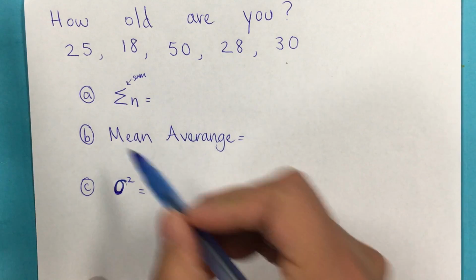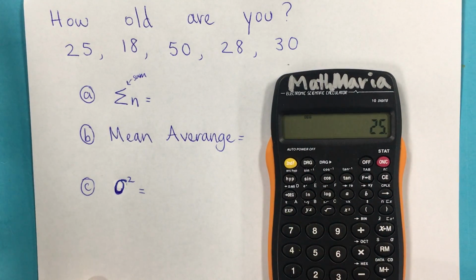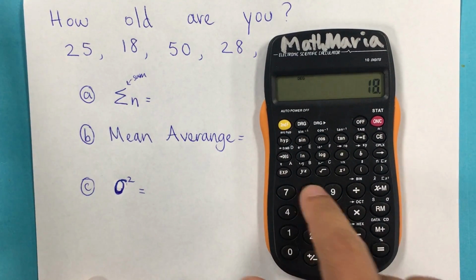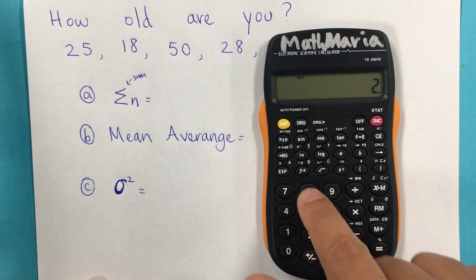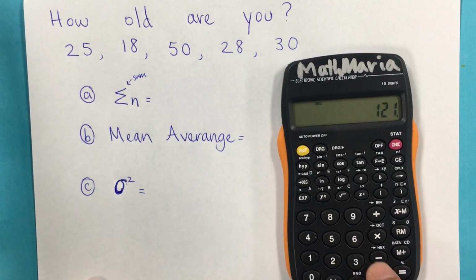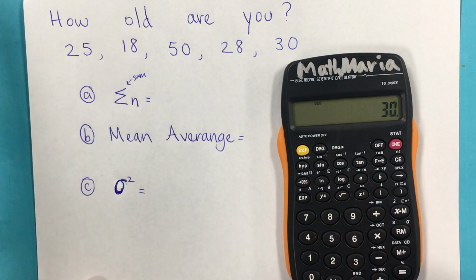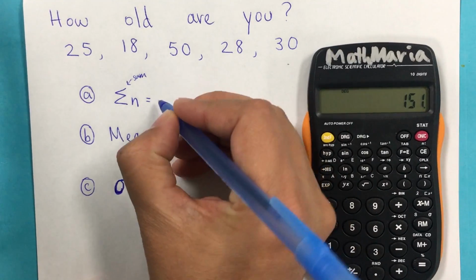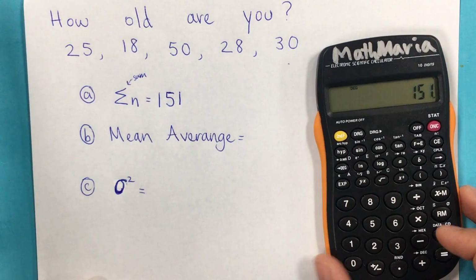So we're going to add 25 plus 18 plus 50 plus 28 plus 30. And as you can see, it's never too late to study, so come back, and the answer is 151. That's just the sum of all this data.